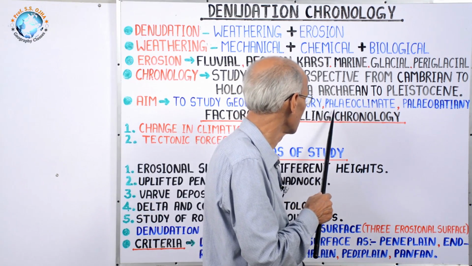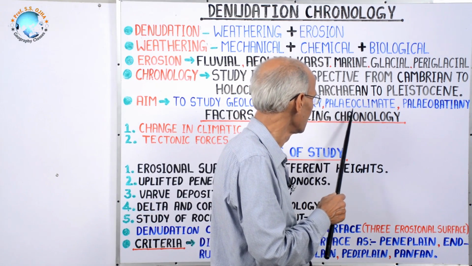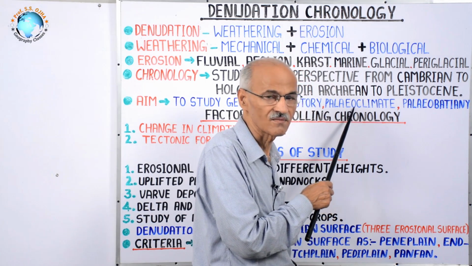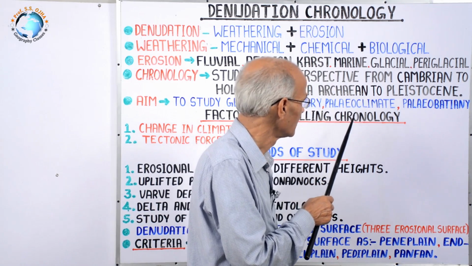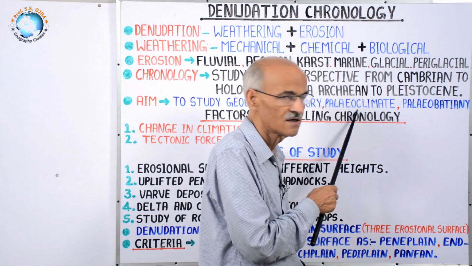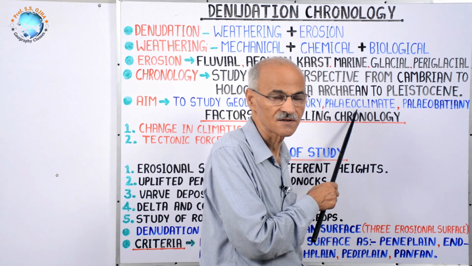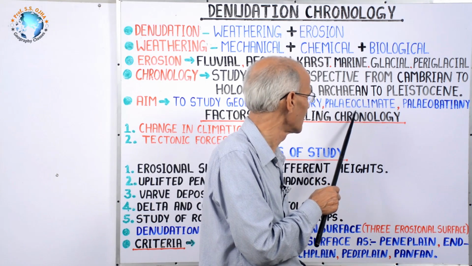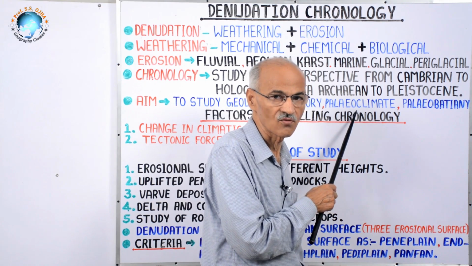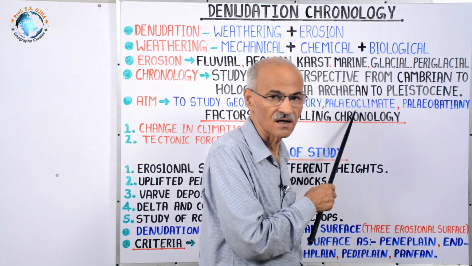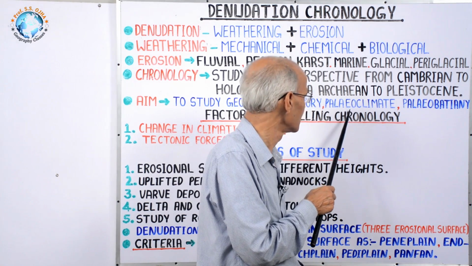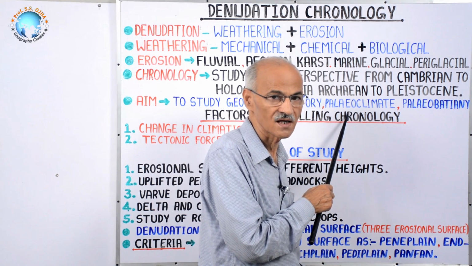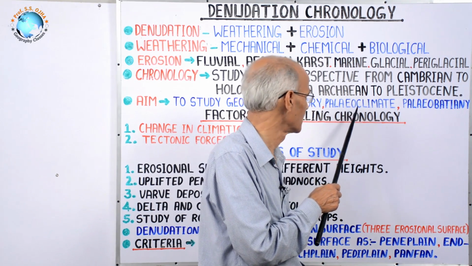And this also helps us study paleoclimate. Paleoclimate means climatic conditions of the past. For example, if we see that periglacial landform karst is found in MP, India, it has two explanations. Number one, that in India, MP, there was periglacial process, but it is not possible because India lies in tropical and subtropical zone.